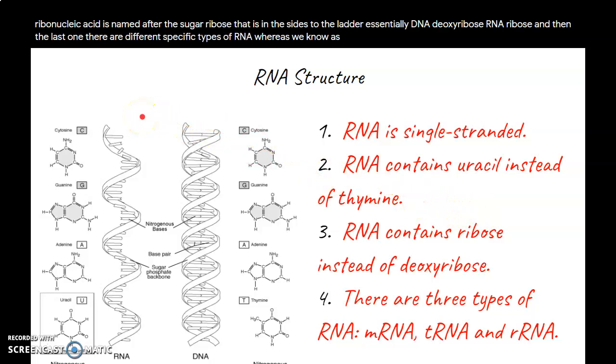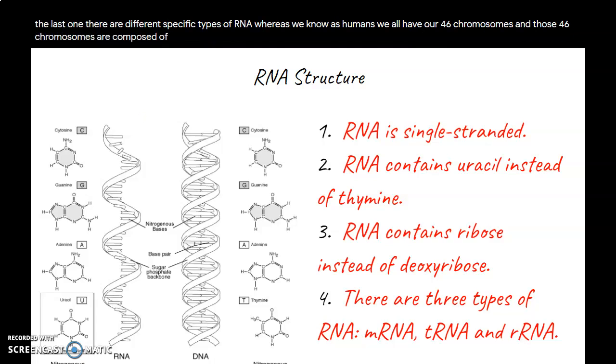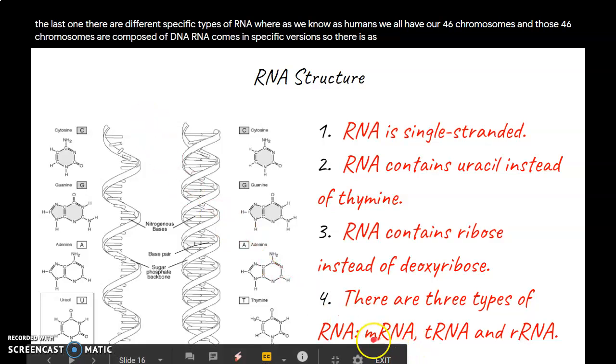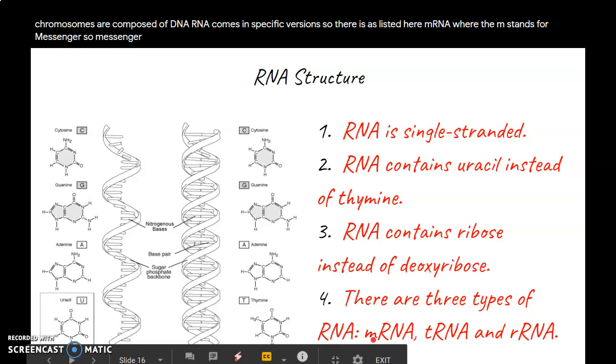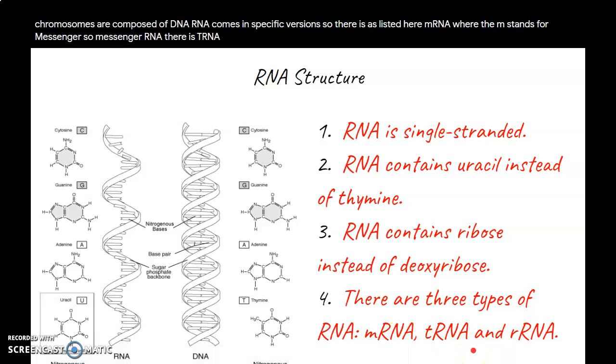Whereas we know as humans we all have our 46 chromosomes, and those 46 chromosomes are composed of DNA, RNA comes in specific versions. So there is, as listed here, mRNA, where the M stands for messenger, so messenger RNA. There is tRNA, the T stands for transfer.